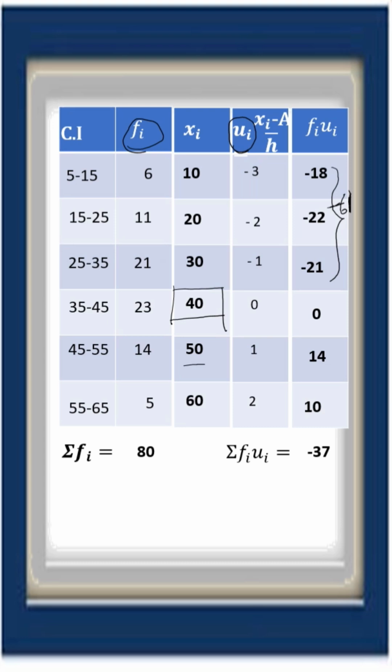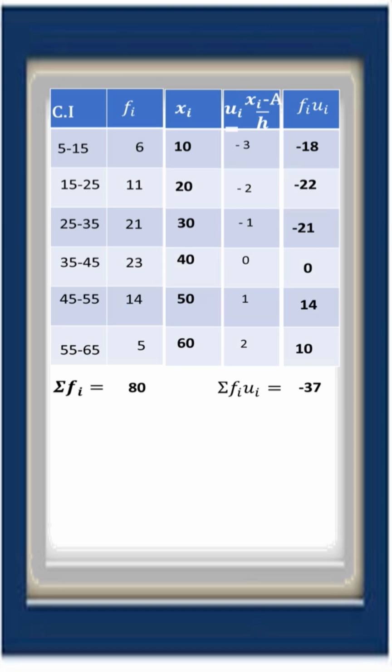So now let us find the mean by the step deviation method. The formula for which is a plus summation of fi ui upon summation of fi, into h. Now we have summation of fi is 80. Summation of fi ui is negative of 37. A is 40.